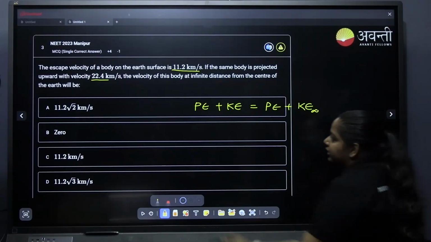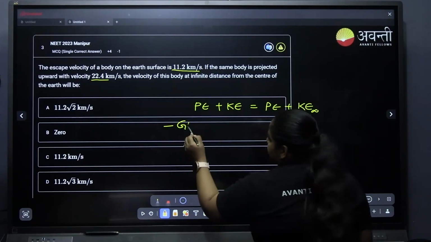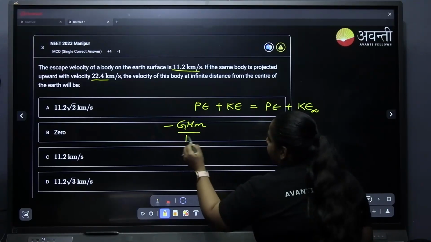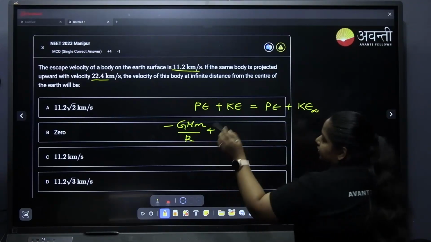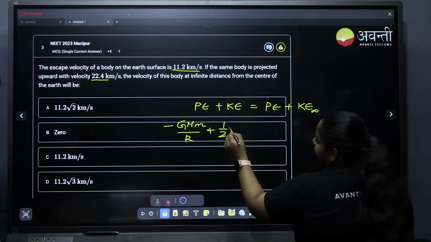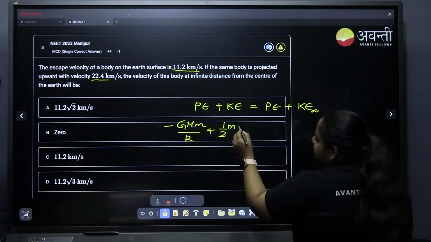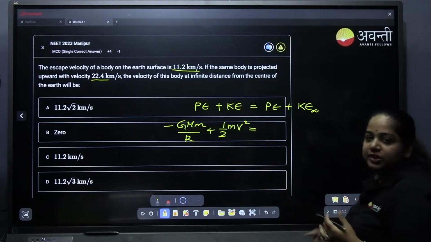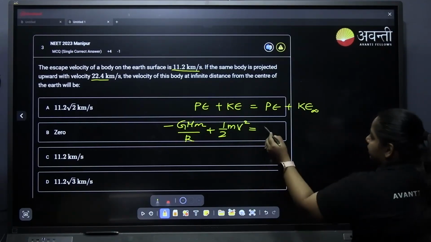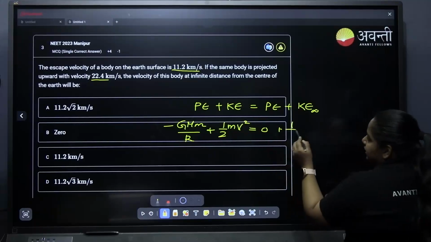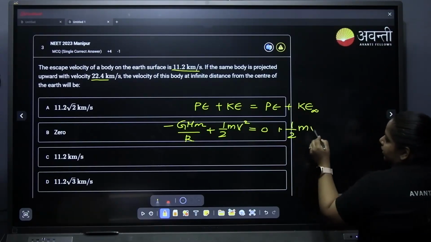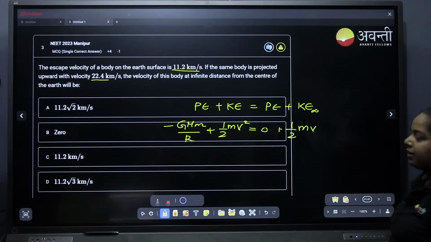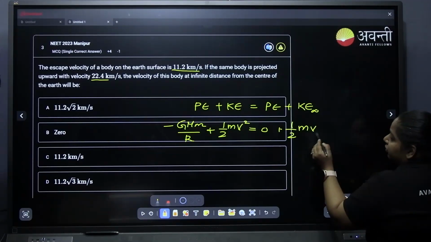Okay, potential energy at the surface is minus GMm by R. Kinetic energy is given as half m, let's take this as v square, equal to potential energy at infinity, 0, plus half m v infinity square.